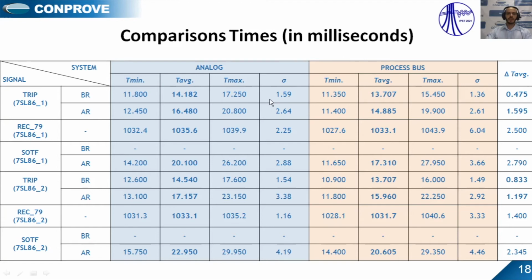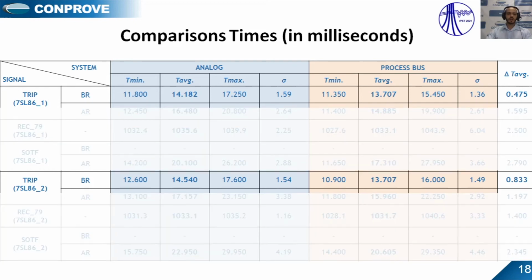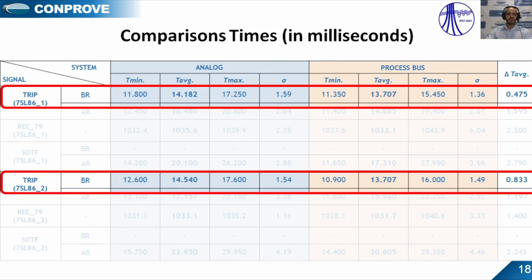Here we have a sheet comparing the times in milliseconds. We can focus here on the trip time with substation 1 and substation 2. The average condition is about 14 milliseconds and 13 milliseconds. It's different by less than half a millisecond.